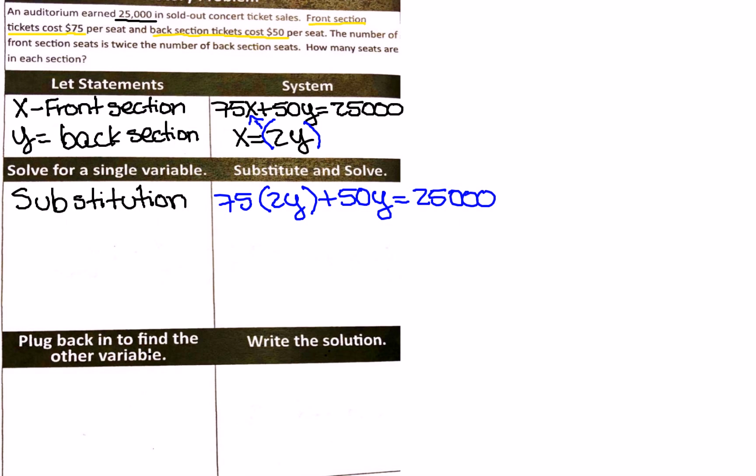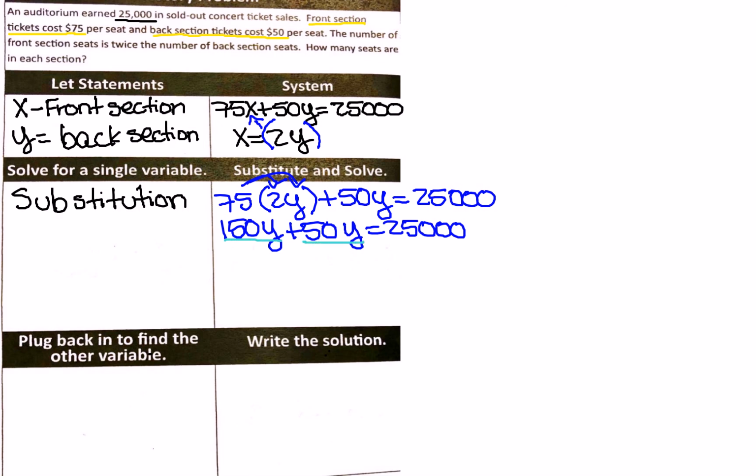Now I just have to solve for y. So my first step in solving equations, remember, is distribute. So I have to distribute 75 with 2 and 75 with y. So 75 times 2y is 150y plus 50y equals 25,000. Then I have to combine my like terms. So here I have 150y and 50y.